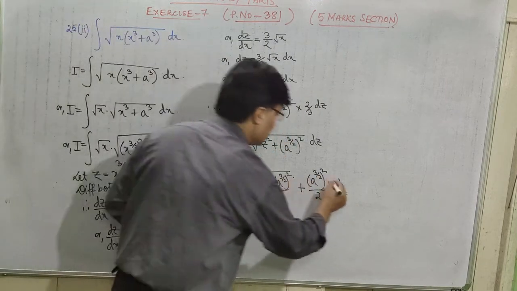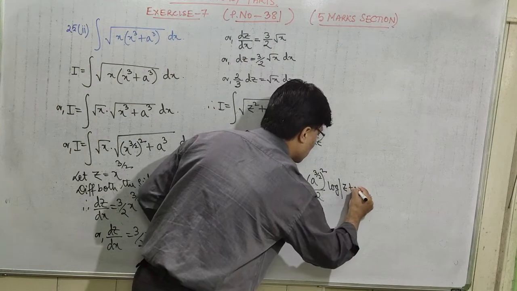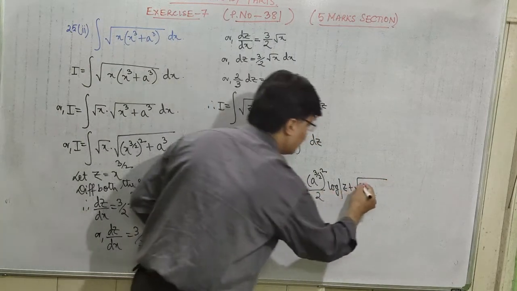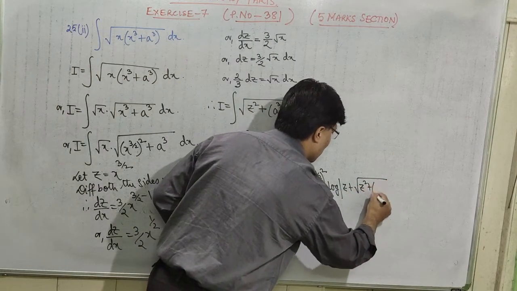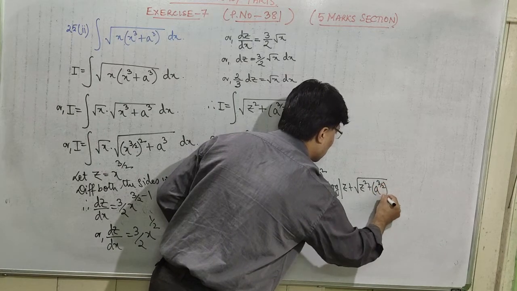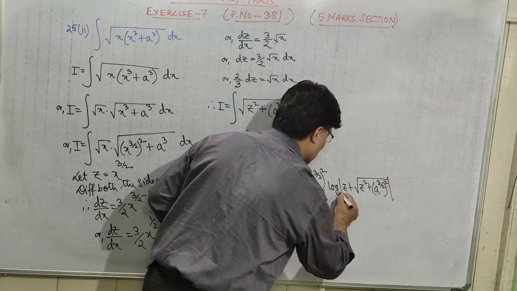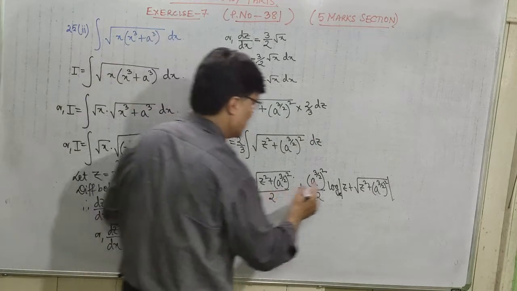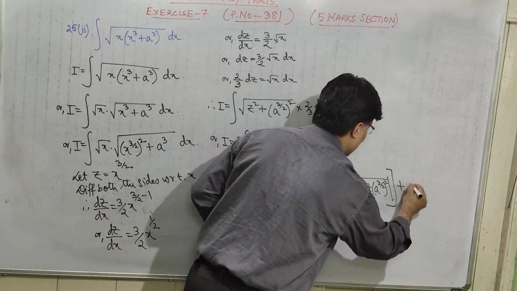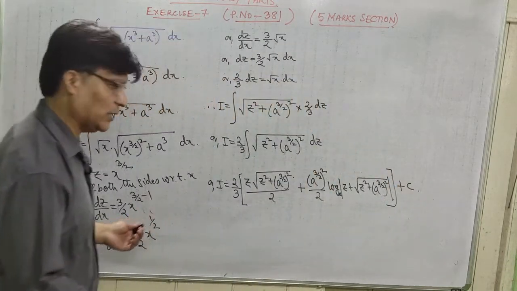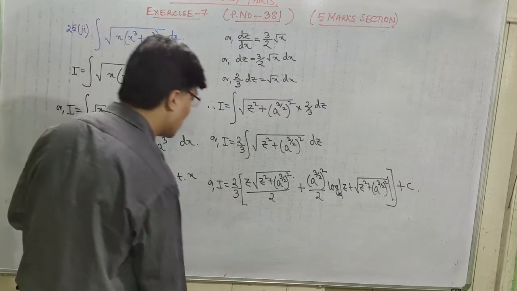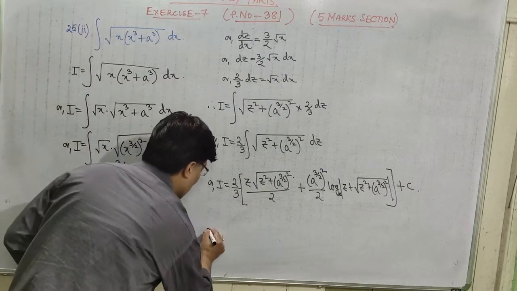What is a within mod? X plus root over what is x square? It is z square plus a to the power 3 by 2 whole square. Mod sign is closed. The base is e, right? Then third bracket is closed. Then what do we write? Plus c.